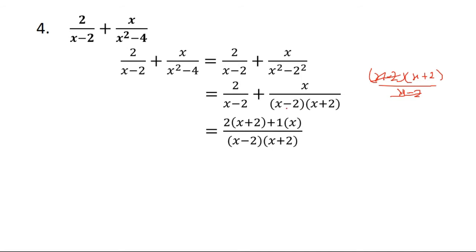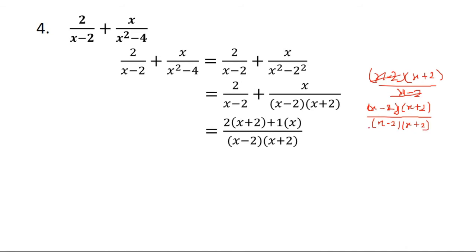For this part, the denominator is x minus 2, x plus 2, and the LCM is also x minus 2, x plus 2. So if you divide the denominator by the LCM, we are going to see that we will have 1, because x minus 2 in one bracket, x plus 2 in the other bracket, divided by x minus 2 in one bracket, then x plus 2 in the other bracket.